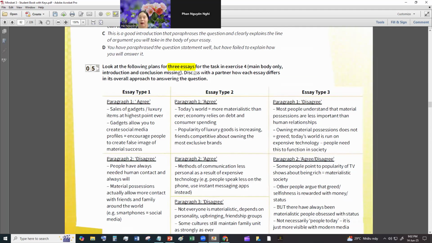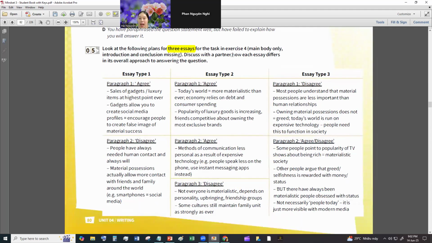All right. Now, I'd like you to discuss how each essay differs in its overall approach to answer the questions. Right? So, Nghi, I'd like you to spend around 5 minutes. Just look at the plan. Essay type 1, type 2, and type 3. And just tell me what you think about the organization. How does it approach?